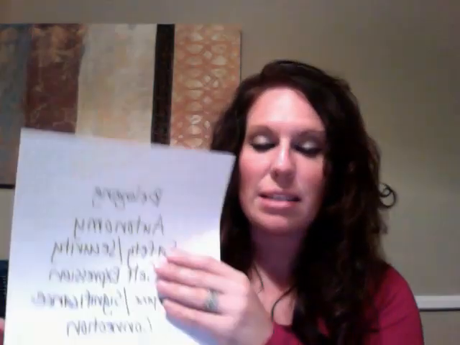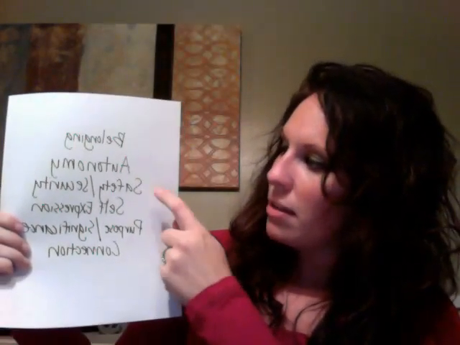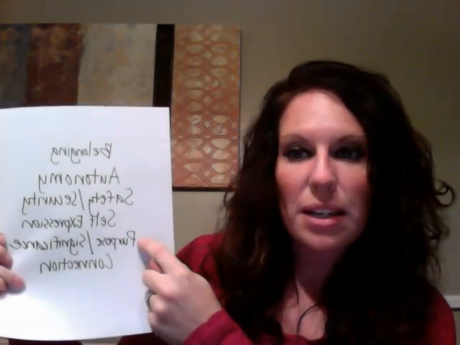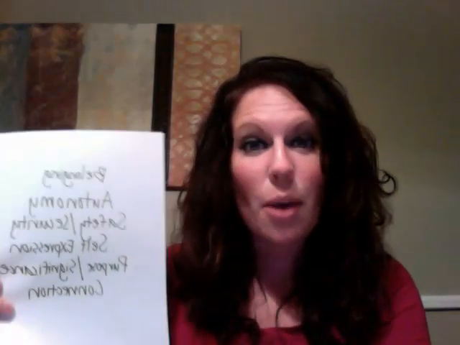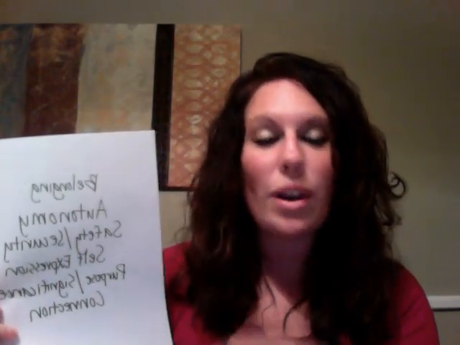So everything that we do and say on a day-to-day basis in any situation is to get one of 6 needs met, and that is belonging, autonomy, safety or security, self-expression, purpose or significance, and connection. These are the 6 basic needs that we have as human beings that we need to have met when we are wanting to live and to thrive fully.